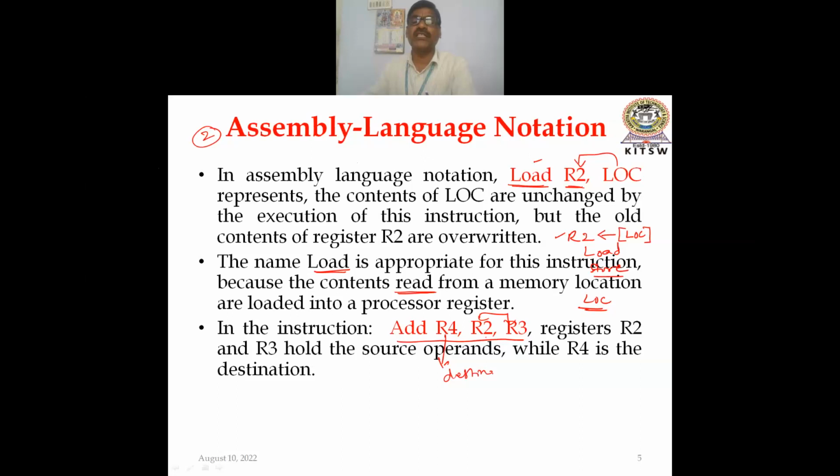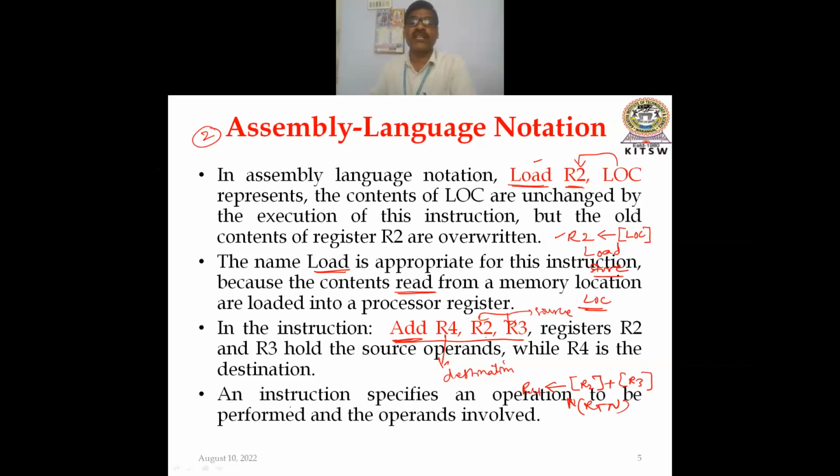The same instruction you can write in RTN like this: R4 is transferred with the contents of R2 plus contents of R3. This is the equivalent expression in register transfer notation.